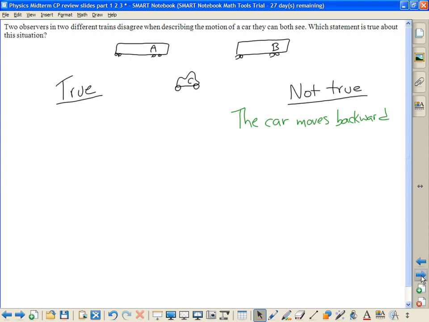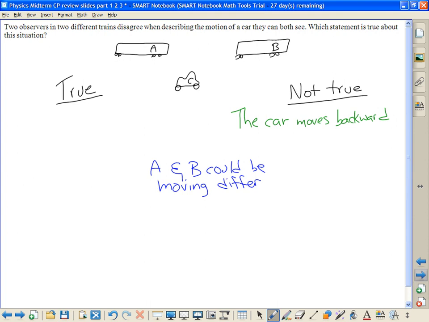What if one observer sees the car moving with a constant velocity and the other says it's not moving at all? Okay. So I suppose A and B differ, but it's not their motion that matters, is it?